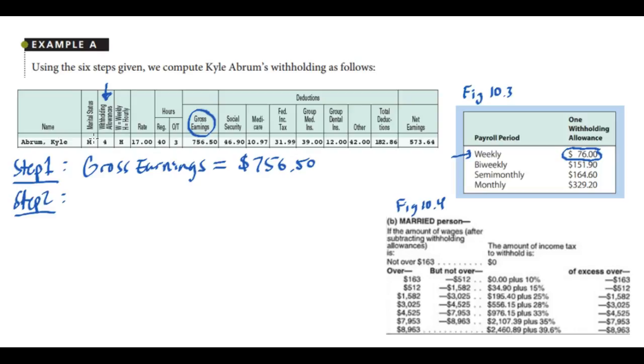It may be given like a breakdown of how many children the person has, and you'll need to determine how many allowances based on the given information. So if we have from figure 10.3, $76, and we're multiplying that by the number of withholding allowances, as mentioned in step 2, that will give us $304.